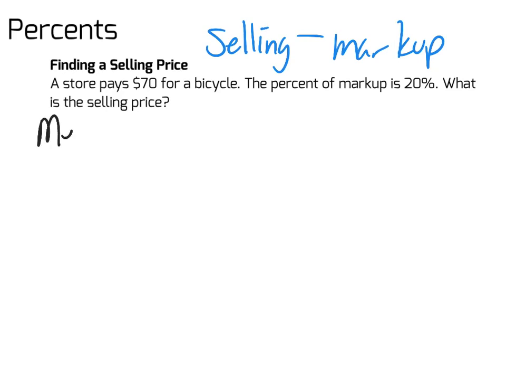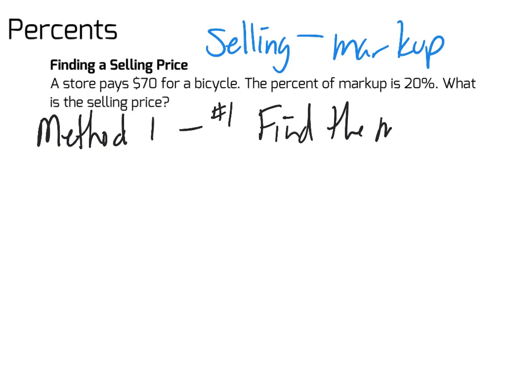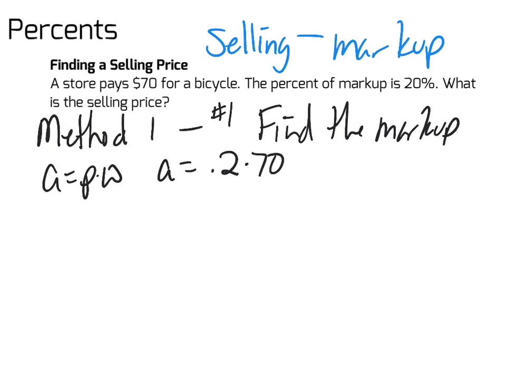So method 1, the first thing you need to do is find the markup. We're going to use that A equals P times W to find the markup. So I'm going to say that 0.2 times 70. 0.2 is my 20%, 70 is my whole price right now. And I'm going to get the markup of 14.